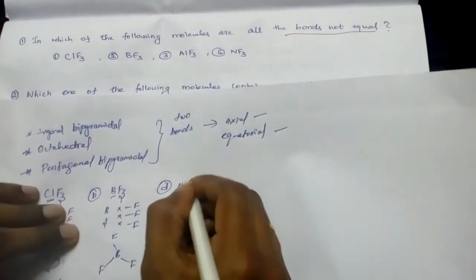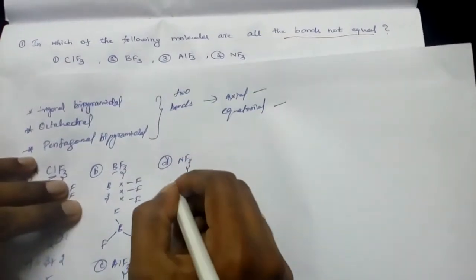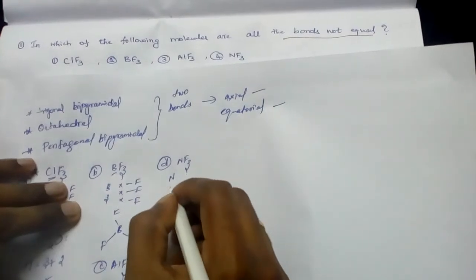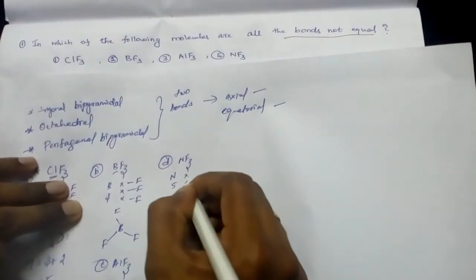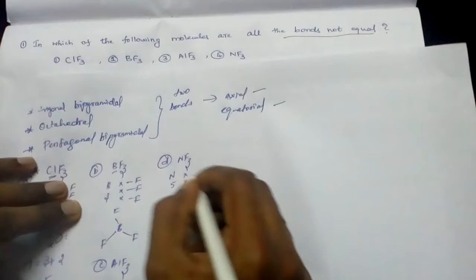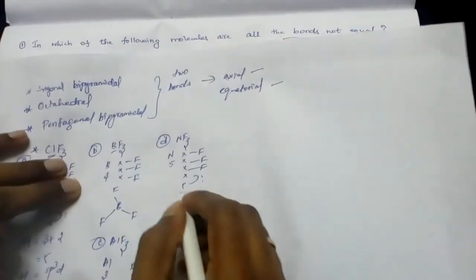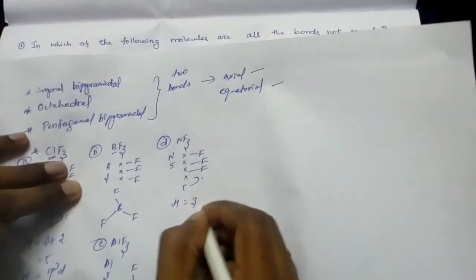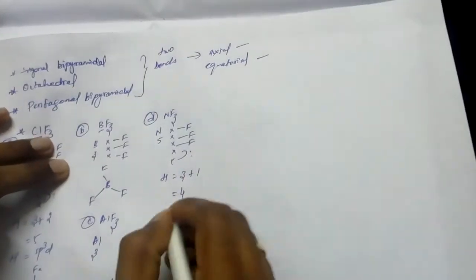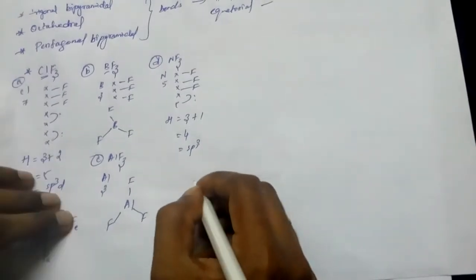And check NF3, nitrogen trifluoride. Nitrogen is the central atom and comes under the 5th group, so valence is 5. Three fluorines and one lone pair electron. Hybridization is equal to 3 plus 1, 4, which means sp3 hybridization, and sp3 means tetrahedral geometry.